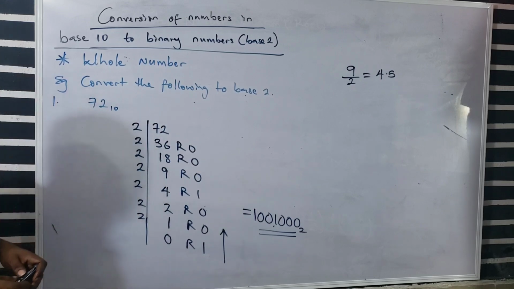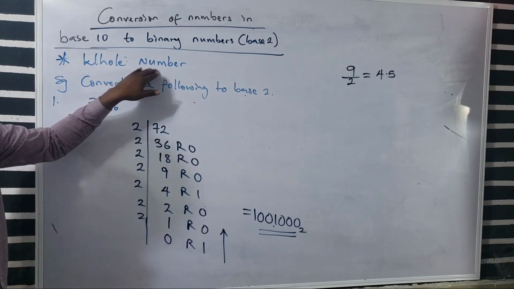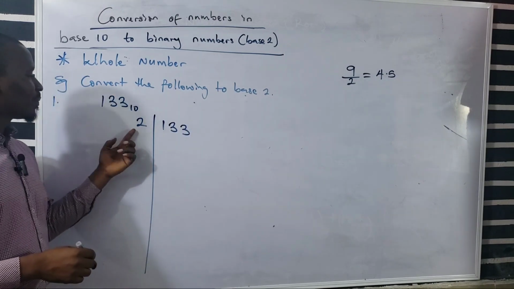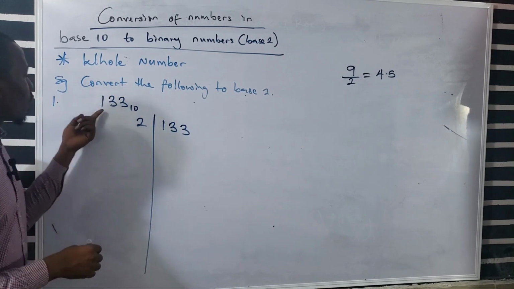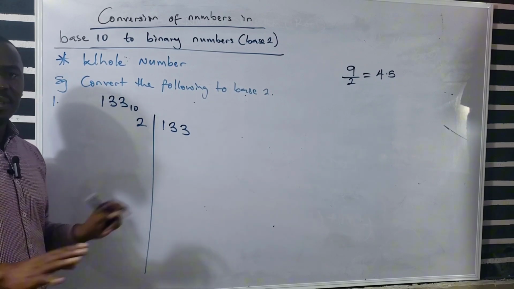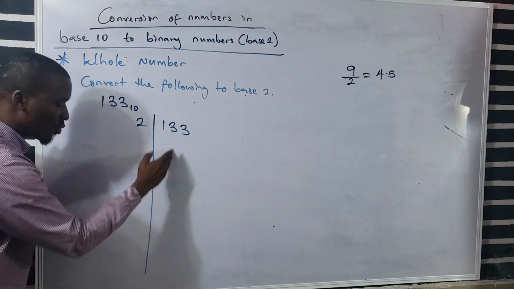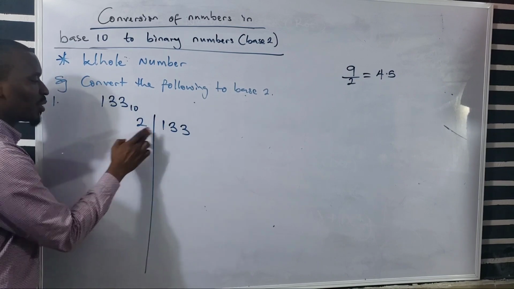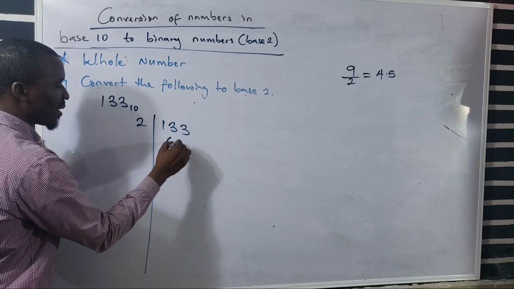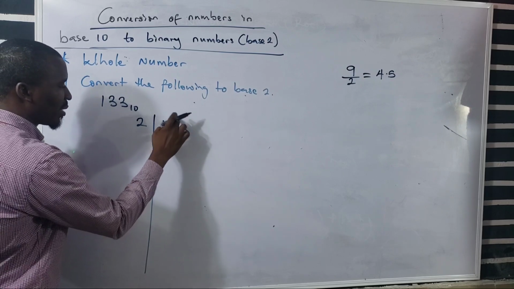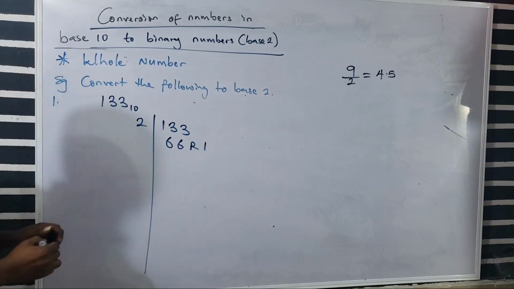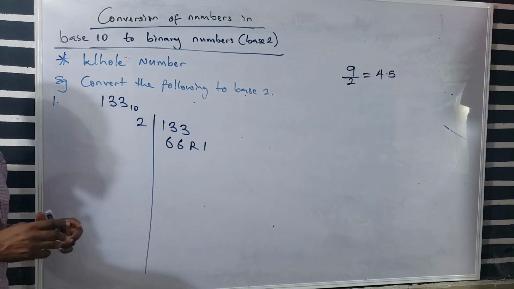So let us look at a second example before moving to fractional numbers. The same way, 133 in base 10, we are converting it to base 2. The same way, you keep dividing till you exhaust the number. So when you use 2 here, you are going to have 66, remainder 1.